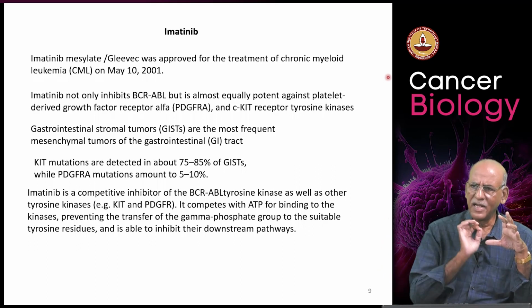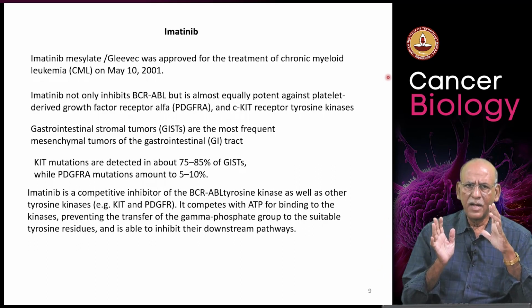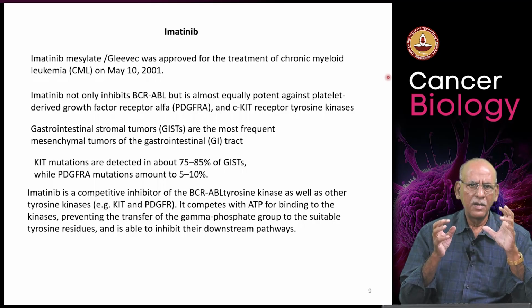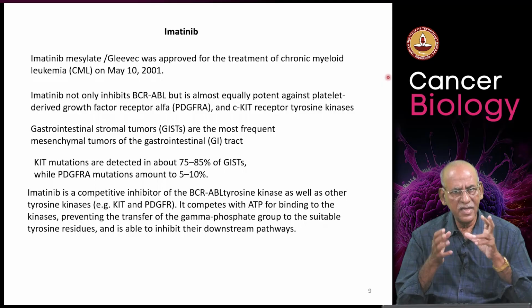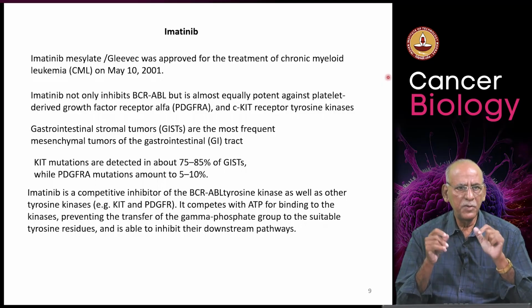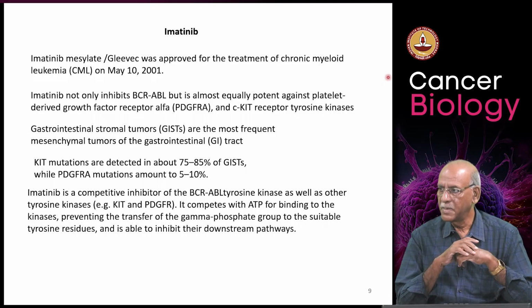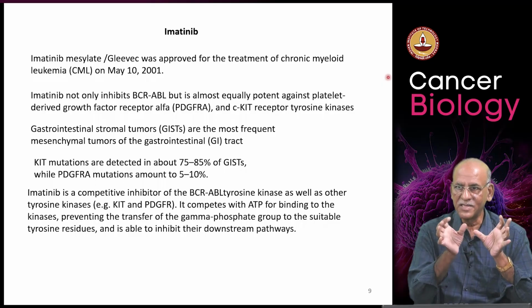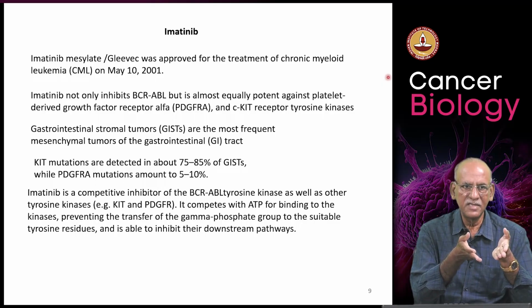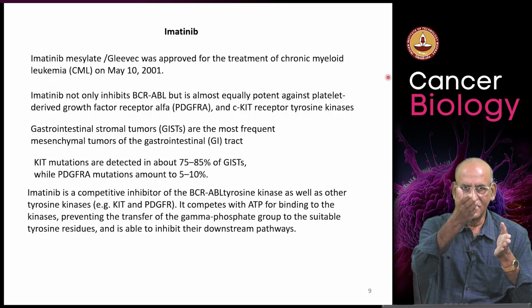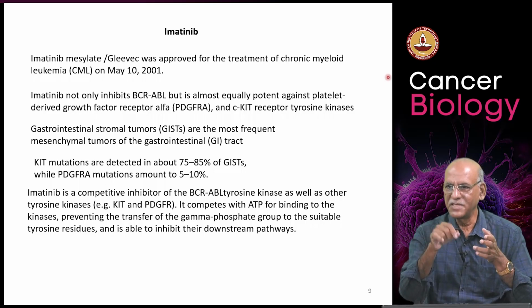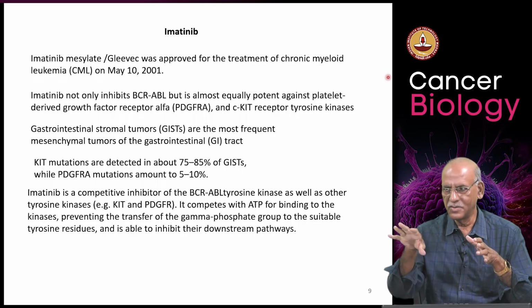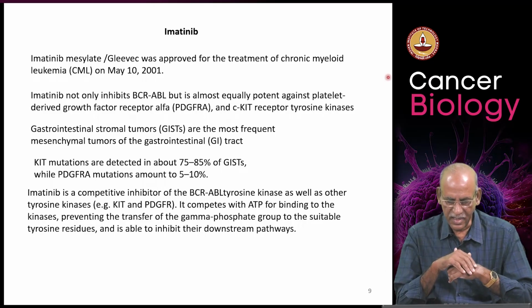They are tyrosine kinases and they use ATP for phosphorylating something. So it is the ATP binding site to which this drug competes. That is why it is a common site, because this ATP binding site is there in all these 3 tyrosine kinases. That is why it is not very specific for BCR-ABL, it also acts on other tyrosine kinases.